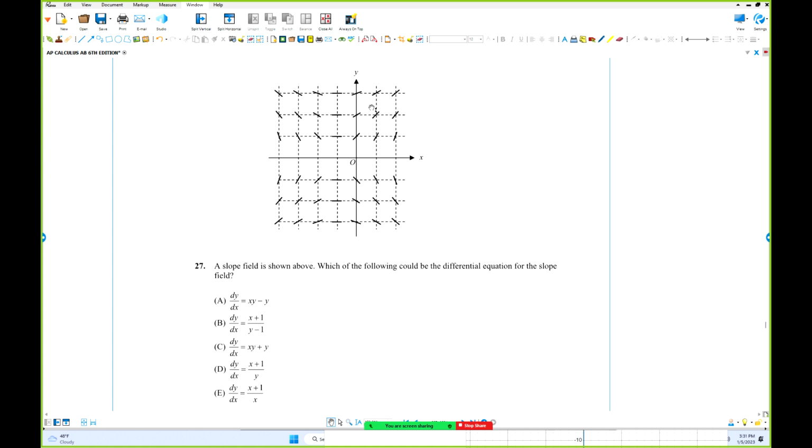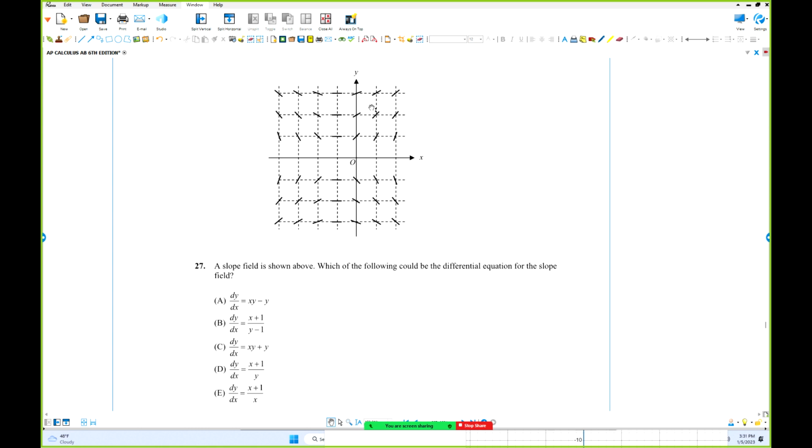Also you can create a slope field graph using your calculator, but that works only on the TI-89. I cannot probe your TI-89 over here, because this is the Windows 11 version. I cannot probe my calculator. Windows 10 is okay. So this is Windows 11, right?